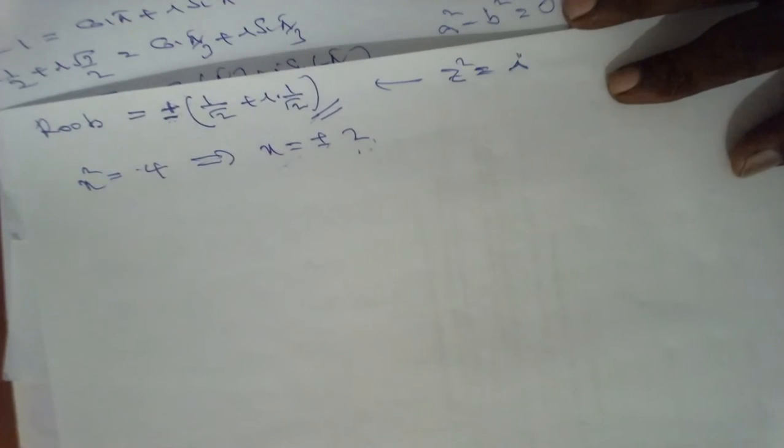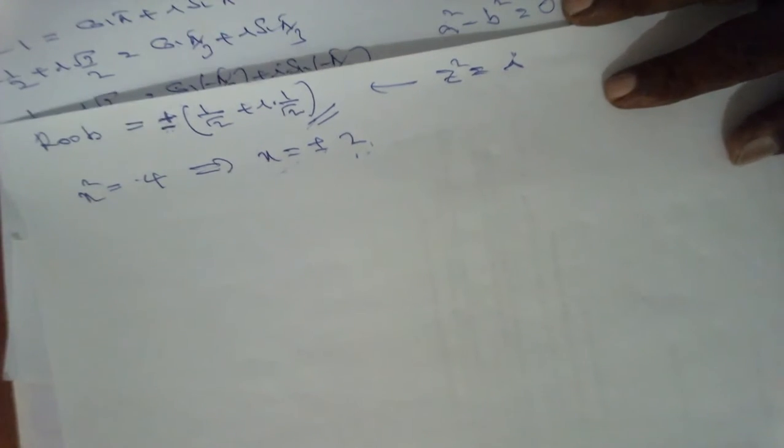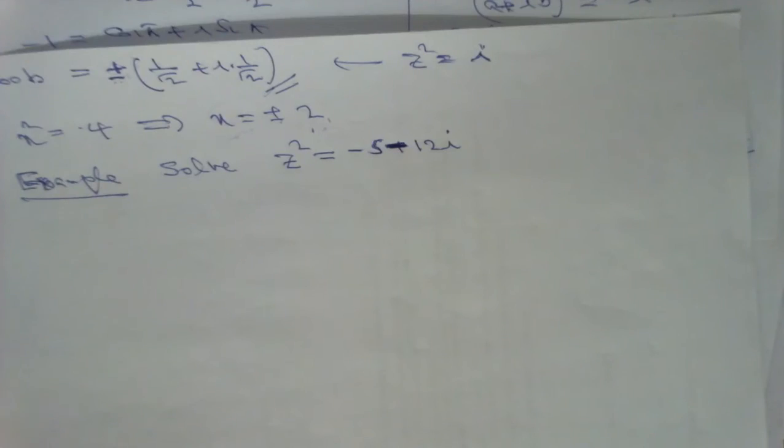Then how do you solve this equation? Assume the root to be a plus ib.